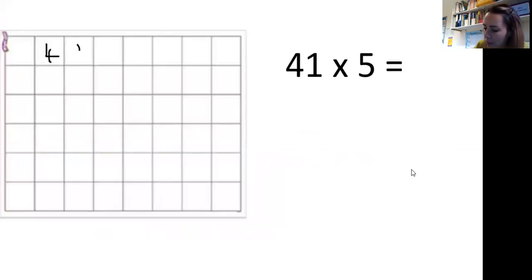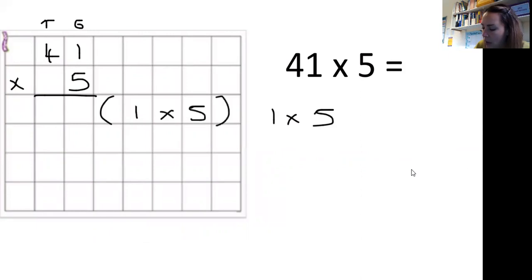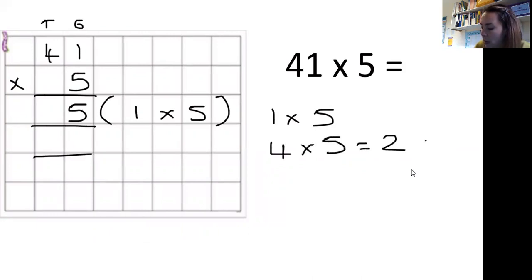So I've recorded it, 41 times 5, making sure that my 10s and 1s are in the right column. So 1 times 5, that's the first part of it. So 1 times 5, I know is 5. The next part of this is 4 times 5, which is 20, but we know that that 4 means 40 because it's in that tens column, isn't it?